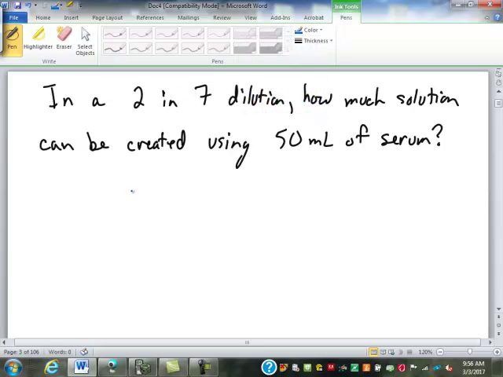So again, we'll start out with the 2 and 7. The 2 again represents the parts of serum, and the 7 is the total parts of the total solution.